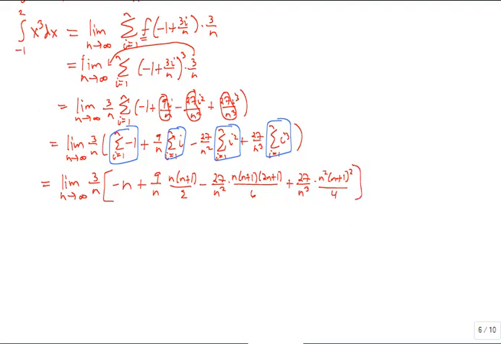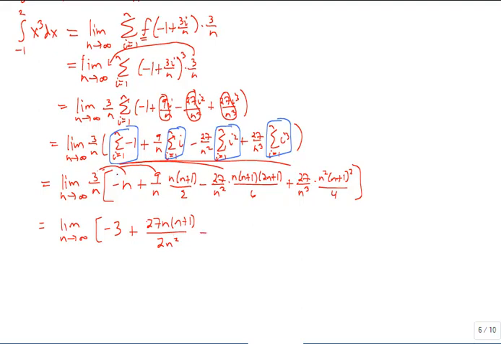Okay? Now I'm not going to simplify too much here. I'm going to go ahead and distribute this 3 over n across to these 4 fractions. So 3 over n times a -n is just a -3. Plus 3 times 9 is going to give me 27n times n plus 1 on the top, and an n times a 2 is a 2n squared on the bottom.